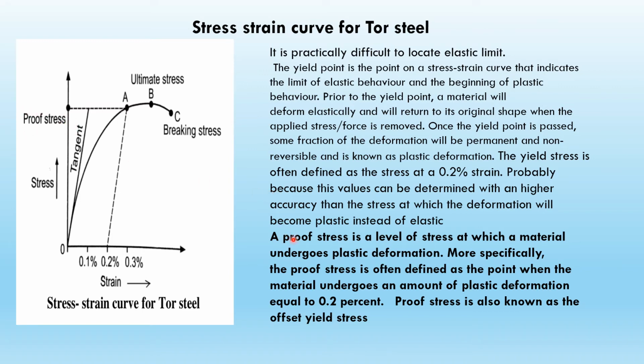So a proof stress is a level of stress at which a material undergoes plastic deformation. More specifically, proof stress is often defined as the point when the material undergoes an amount of plastic deformation equal to 0.2%. Proof stress is also known as offset yield stress. So this is how we get the proof stress in the stress strain curve, and usually that stress is used for the design.